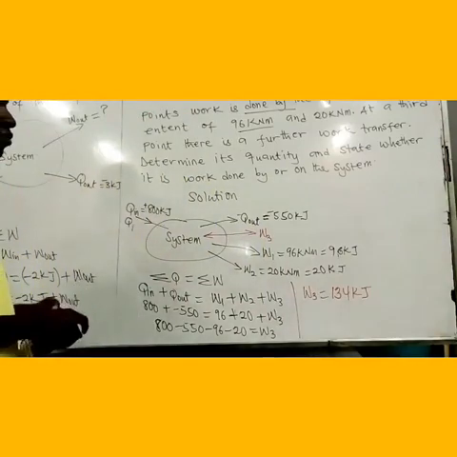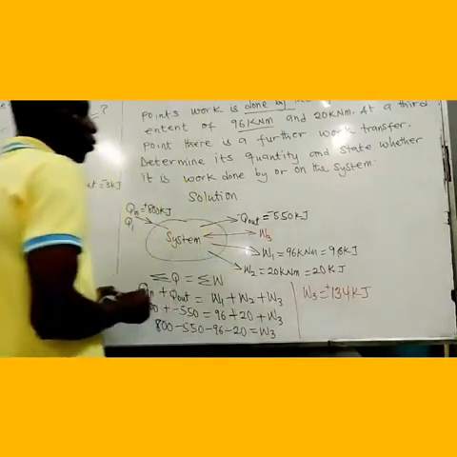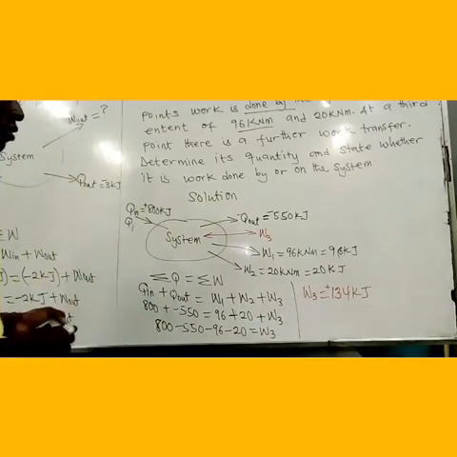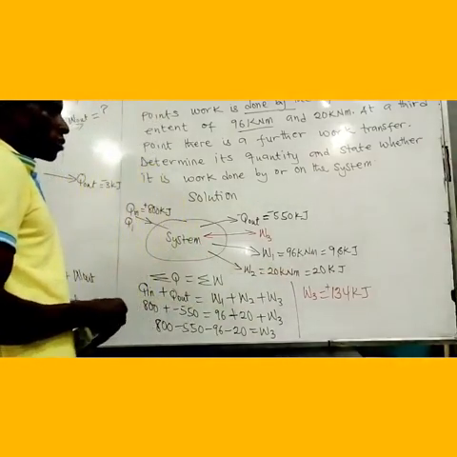And 134 kilojoules is positive. The sign here is positive. Positive 134 kilojoules. Since it is work, you can make it kilonewton meter. Okay, fine.